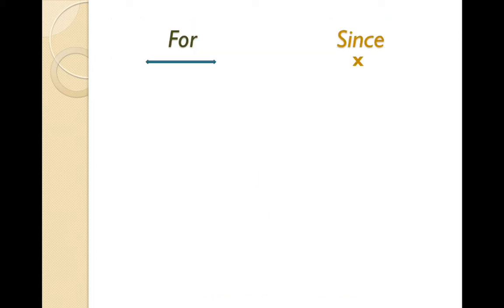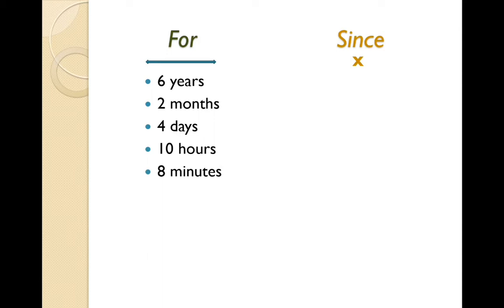Let's see some more examples of time periods with for. For 6 years, for 2 months, for 4 days, for 10 hours, for 8 minutes, for 30 seconds, for a long time, for a while, for ages.